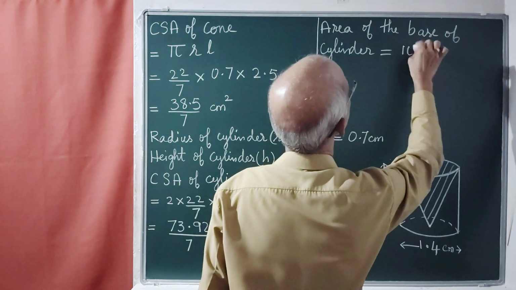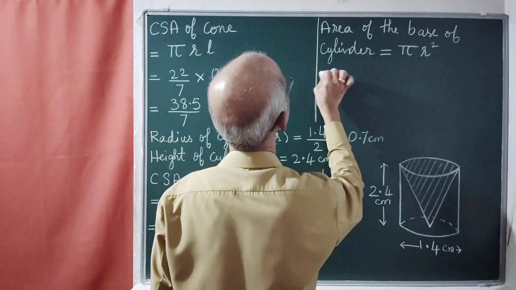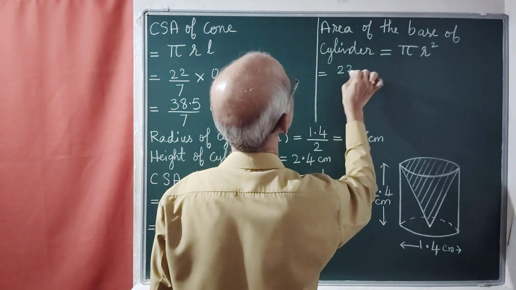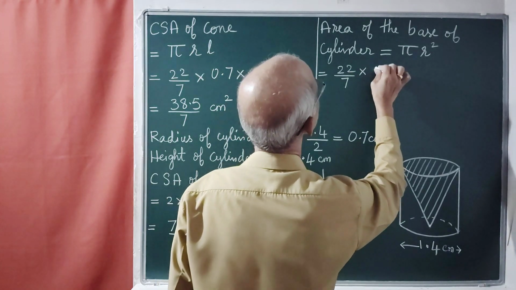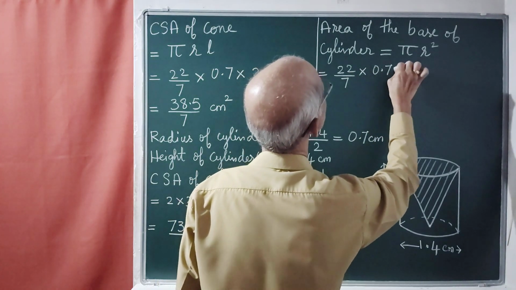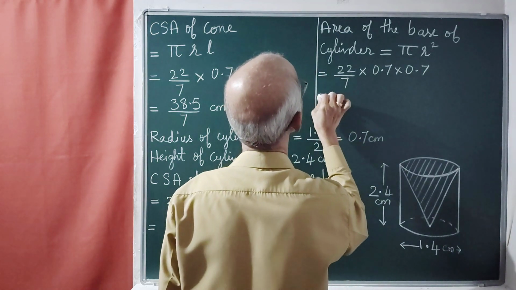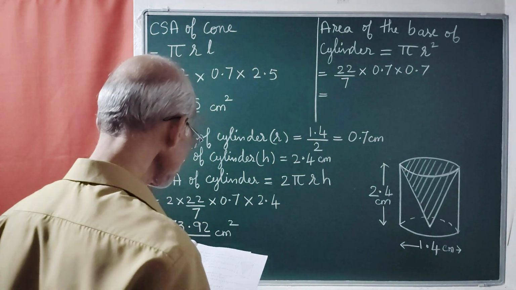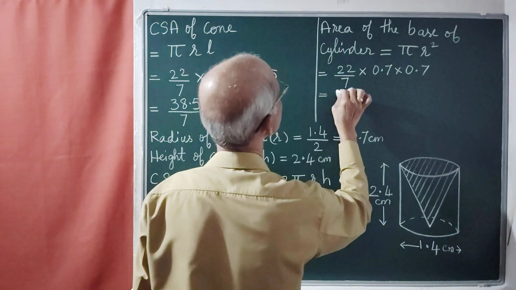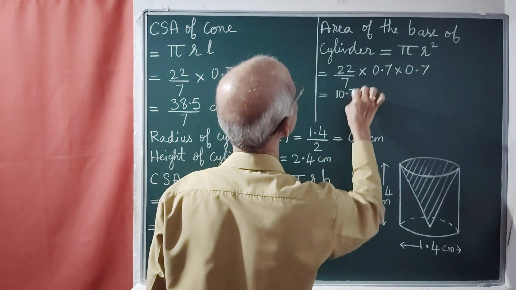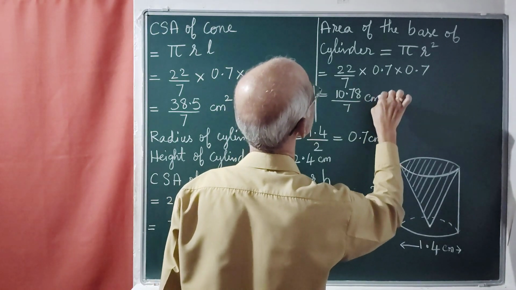So pi r square. That's equal to 22 by 7 into 0.7 into 0.7. That's equal to 10.78 by 7 centimeters square.